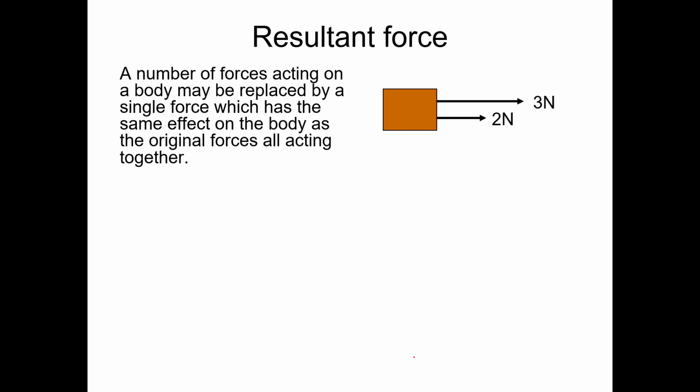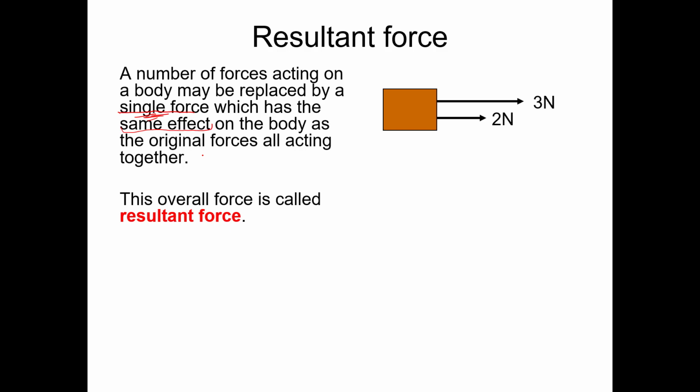In short, if you have a number of forces acting on a body, and those forces can be replaced by a single force, that single force will have the same effect as the two or more forces acting on that same body, and that is what we call the resultant of forces.